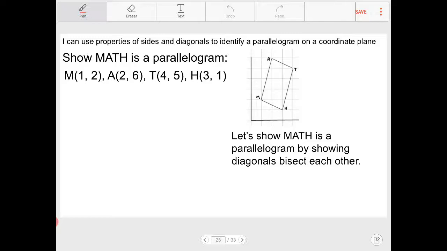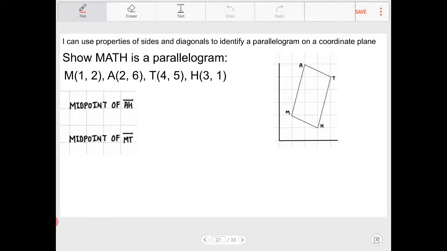So we're going to show that MATH is a parallelogram because the diagonals bisect one another. To do this, we will need to find that the diagonals have the same midpoint. So we're going to find the midpoint of AH and the midpoint of MT. The midpoint of AH can be found by using the midpoint formula, which is just the average of the x and average of the y coordinates.